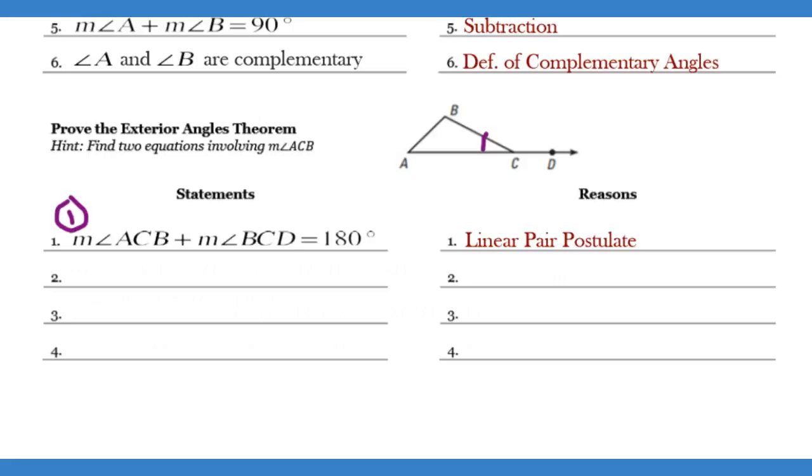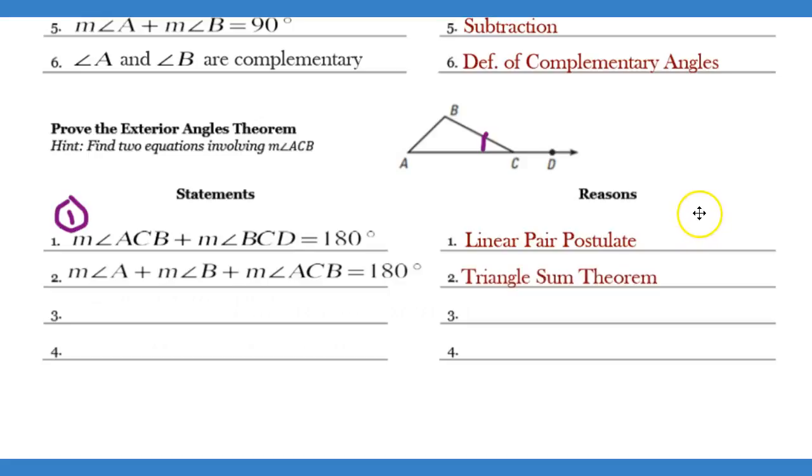What are some other things I can use ACB for? Well, I know that the measure of angle A and angle B, plus angle ACB, when I add them together, I get 180.